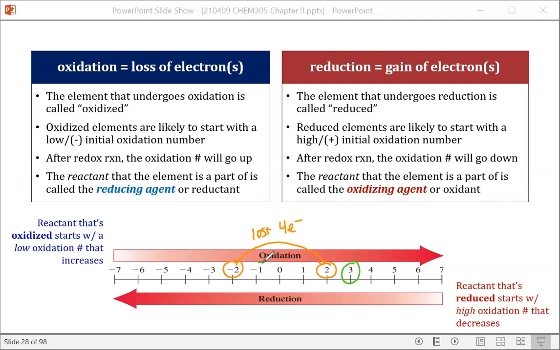So its new oxidation number would be -1. So when you lose electrons, your oxidation number becomes more positive and goes up. And when you gain electrons, the oxidation number becomes more negative or goes down. And there always has to be that transfer of electrons.